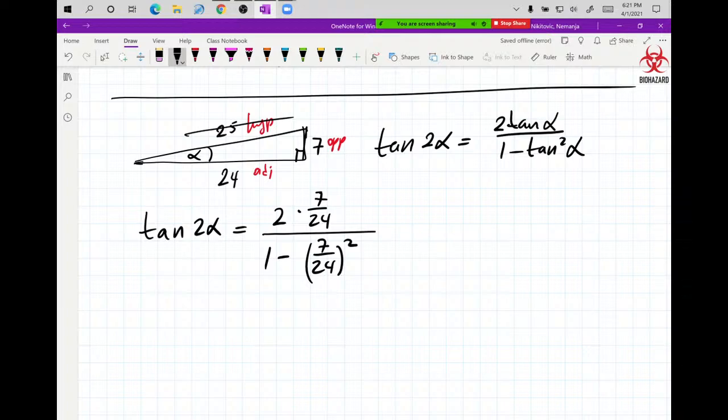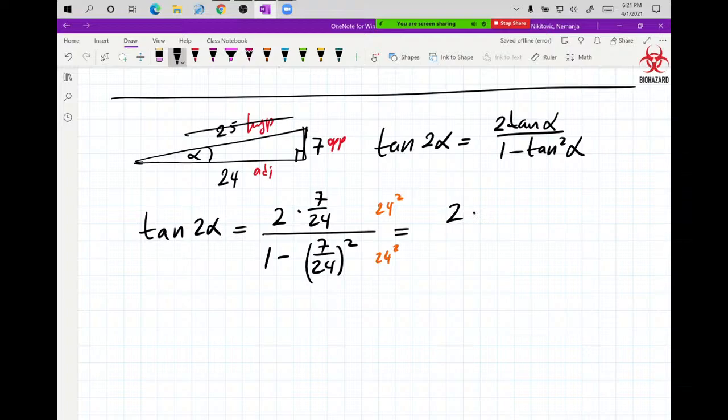So what we have here is we just need to simplify this. Now the way to simplify this quickly is to multiply by 24 squared so that you can kill the double fraction.